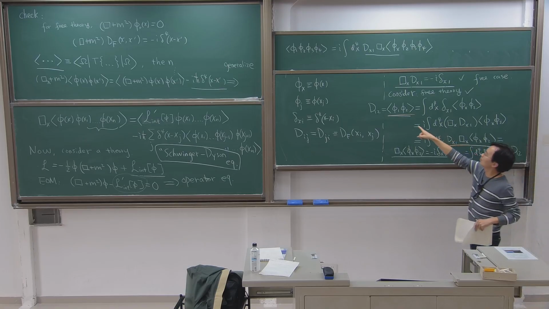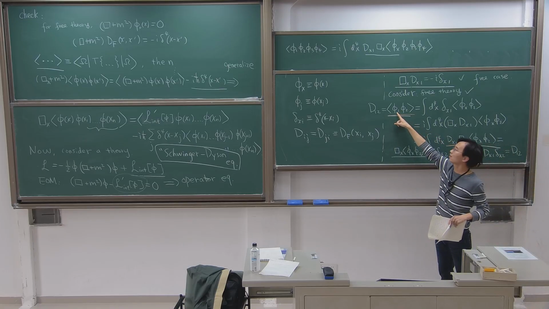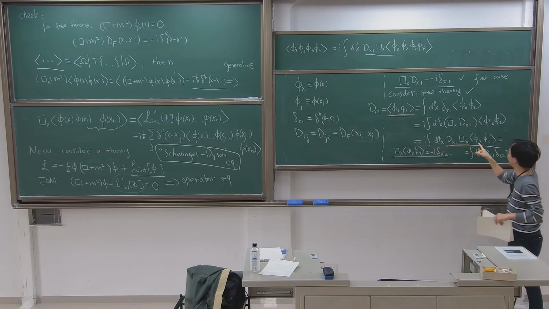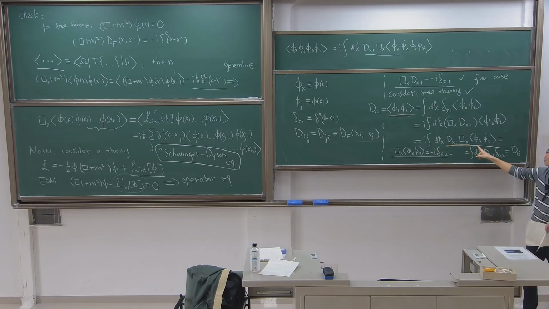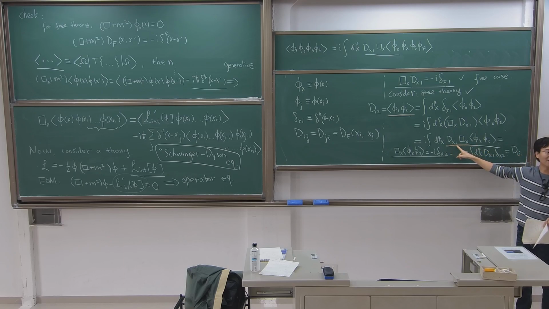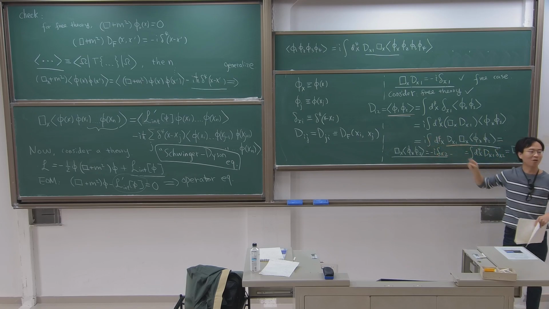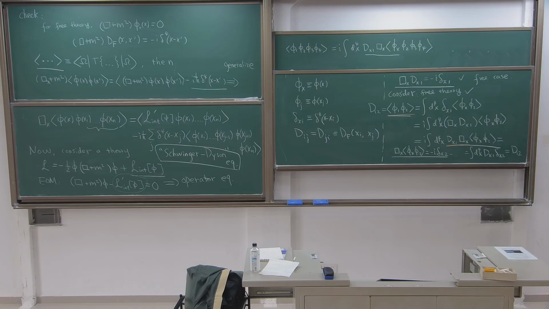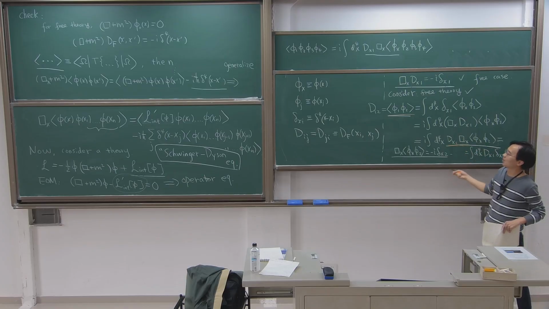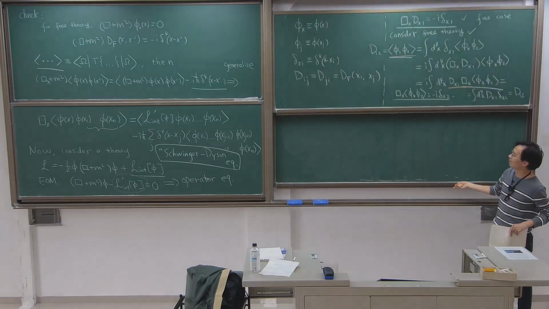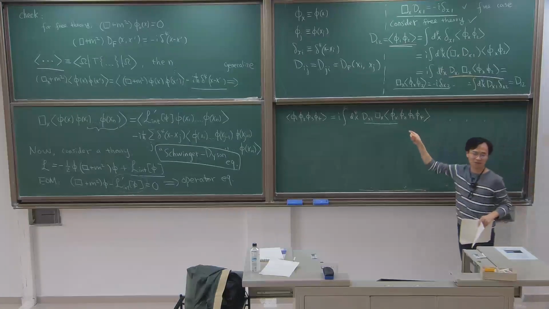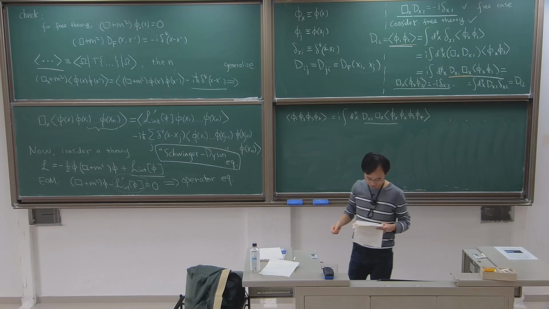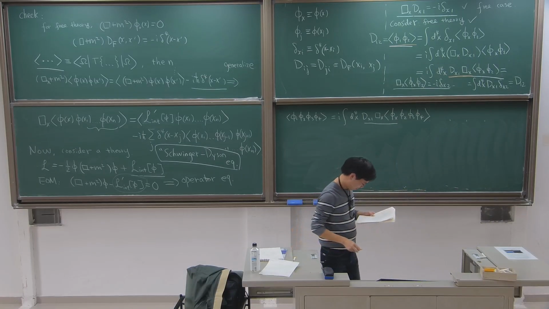This means you replace one particular insertion, in this case phi 1, by some phi x. The payment is you act a box in front, together with a dx1 and the integral over x. Even though it's quite trivial, it's interesting. It's a cute game. I just make use of this equality and I can write this one.